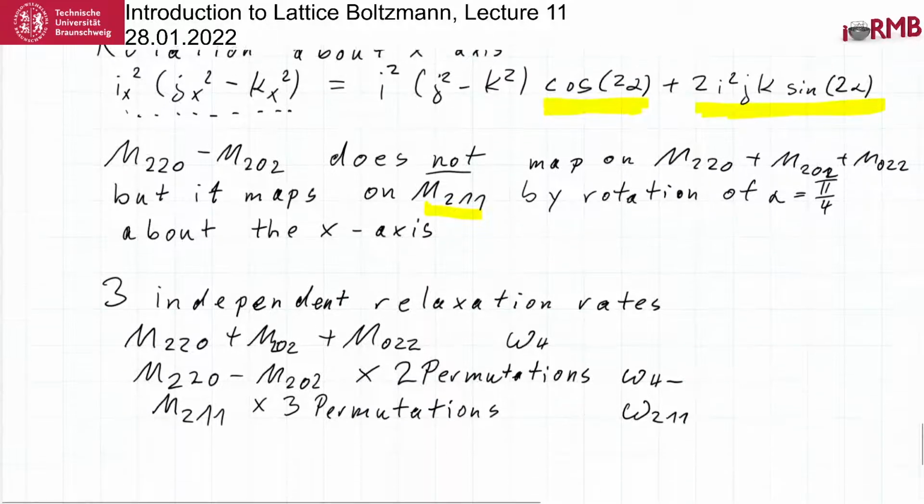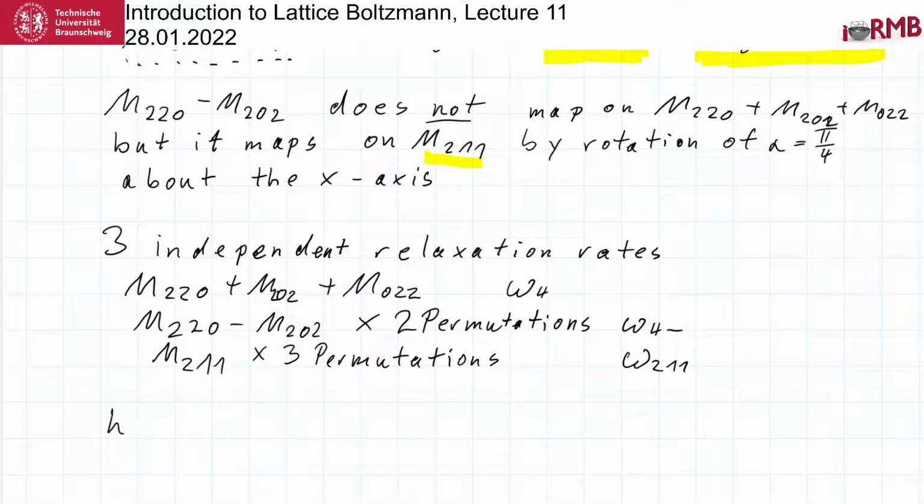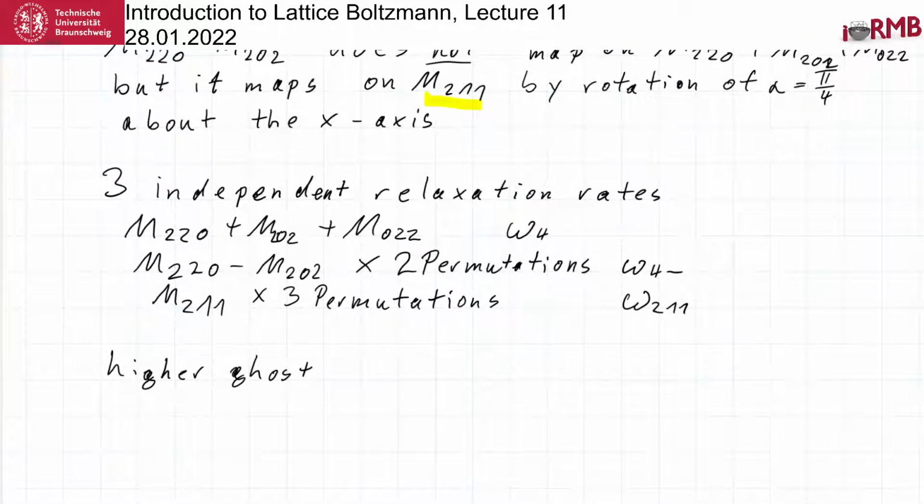Okay, then we still have our higher moments, and for the higher moments we don't actually have so many of them. The higher ghosts, so for example the 5th order moment m221, we only have 3 of them.